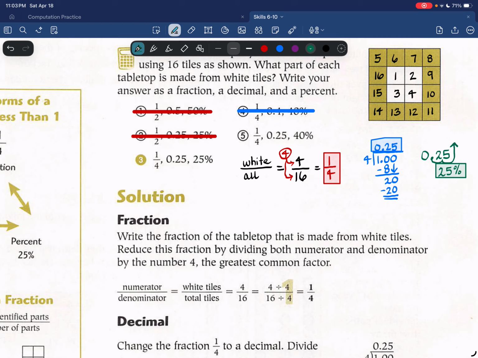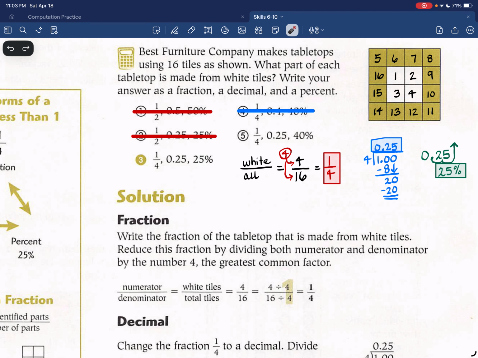So let me look at their solution and let's see what they did. Write the fraction of the tabletop that is made from white tiles. Reduce this fraction by dividing both numerator and denominator by the number 4, which is the greatest common factor. So they did the 4/16, just like we did.